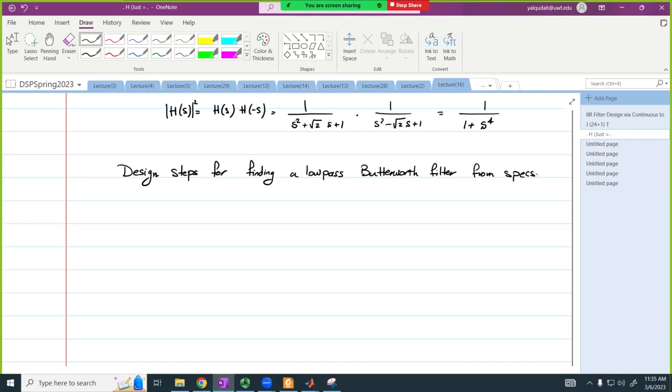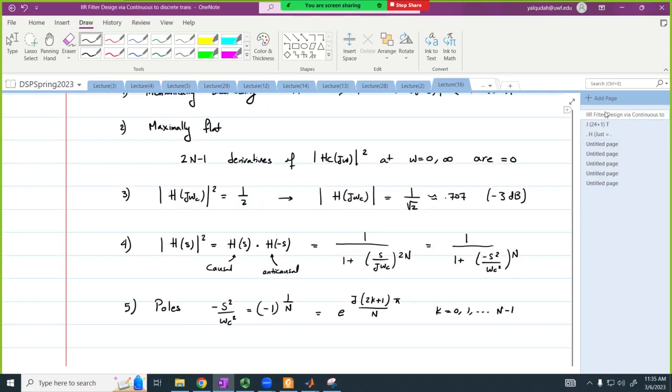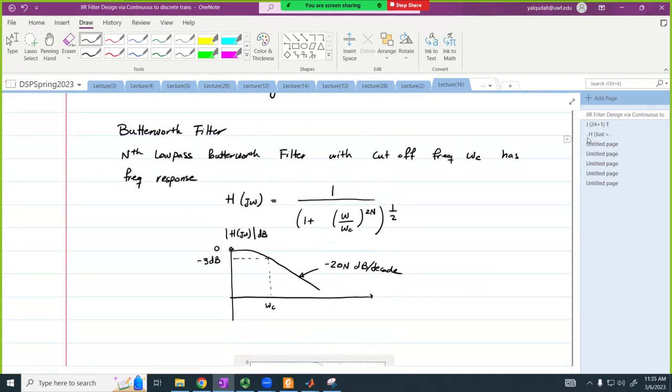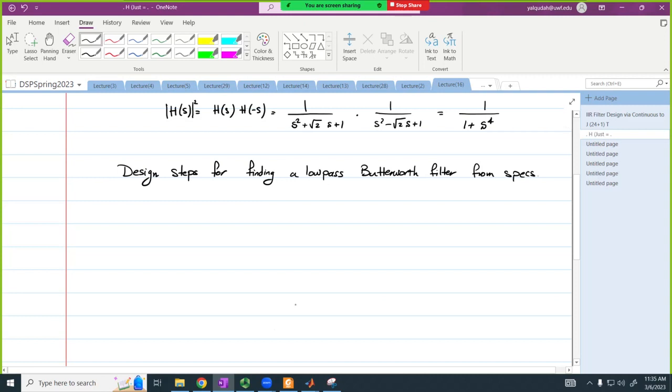What is the only parameter that is not known about the filter? The order. So the only thing that we do not know about the filter is this n. The design step is just to find the order of the filter.